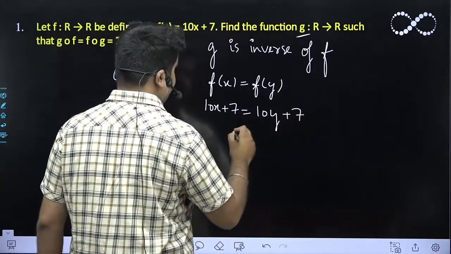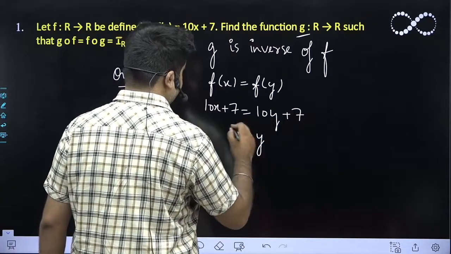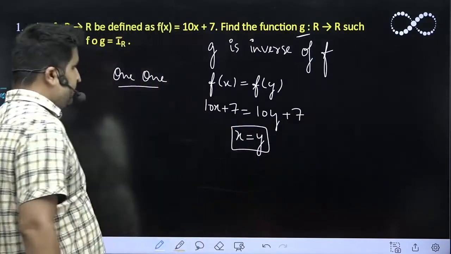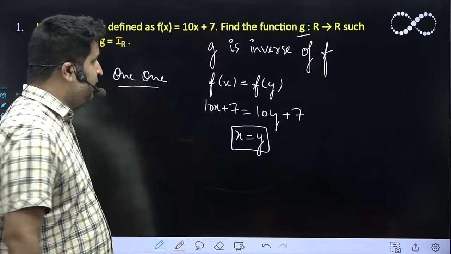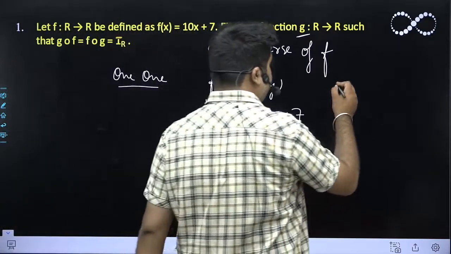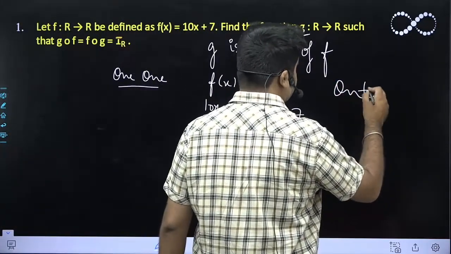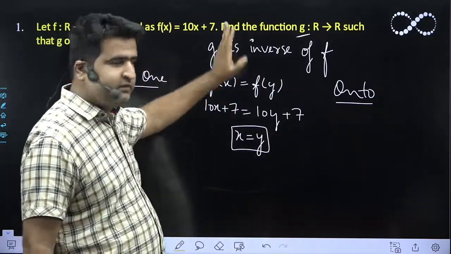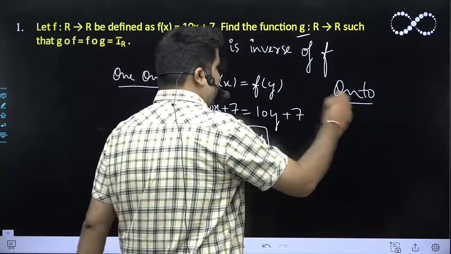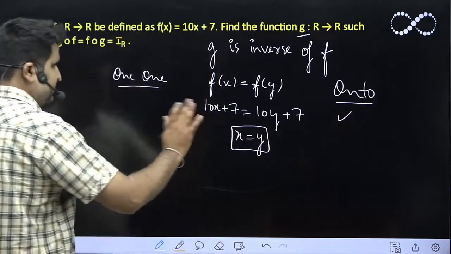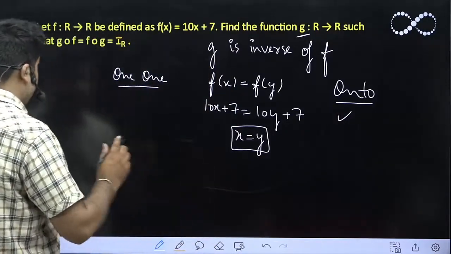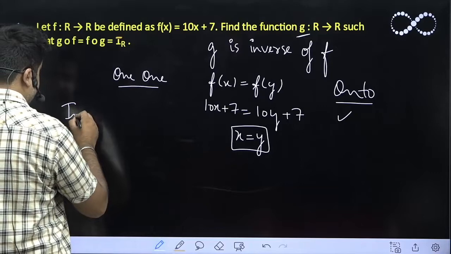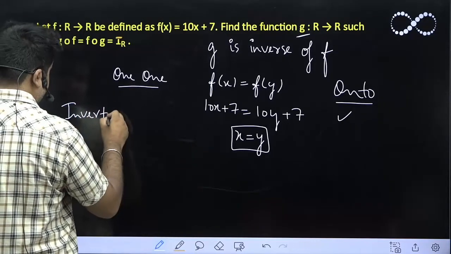If you solve it, you get x = y, so therefore this function is one-one. Similarly, it will be onto since it's a linear function defined from R to R. So if we have checked these two properties, then we can ensure that this function is invertible.